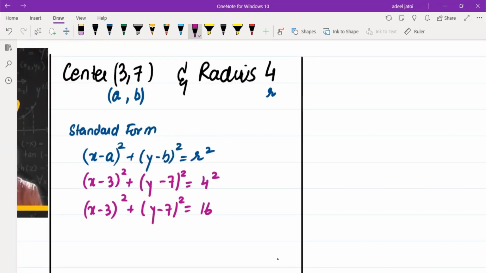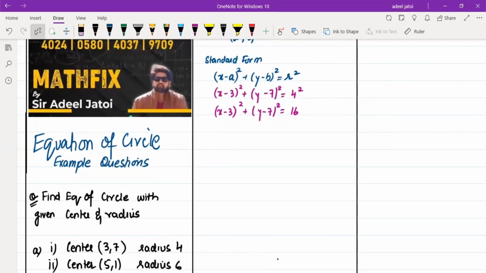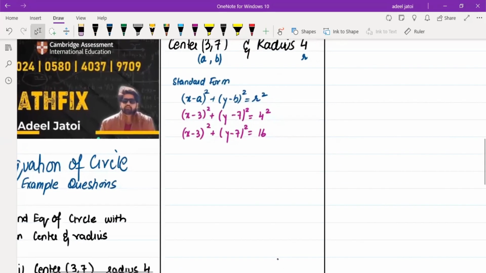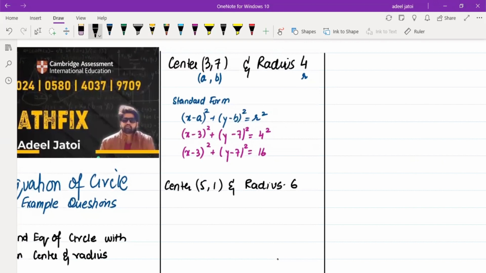Now, the second part says the center is 5, 1 and radius is 6. So same standard form, which is x minus a whole square plus y minus b whole square is equal to r square.